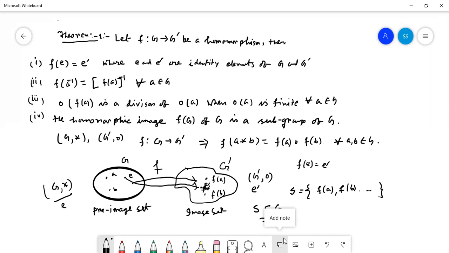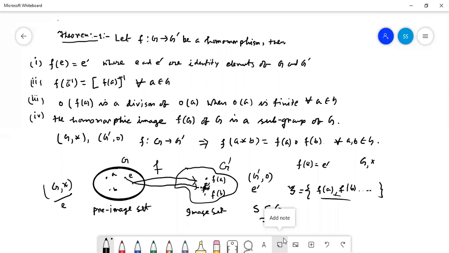If we take for some element A, image of A equal to f of A, image of B equal to f of B, that is said here, the homomorphic image f of G. That means all elements of G, if we take the homomorphic image, that is f of A, f of B and so on, we are taking a set as S. S is equal to all the homomorphic images of the elements of G into G'.